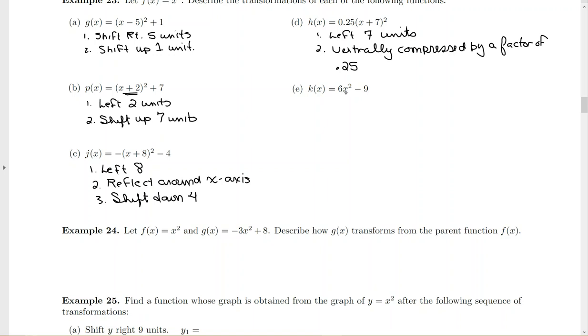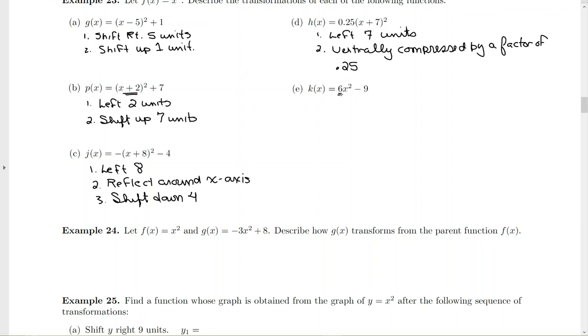For letter E, notice there's no add or subtract inside the square. So I don't go left or right, but I do multiply by 6 here. So that's going to be some sort of either stretch or compression.